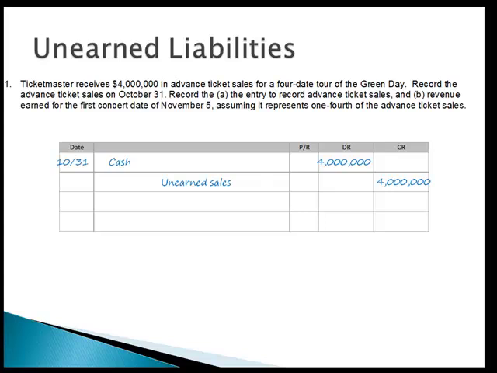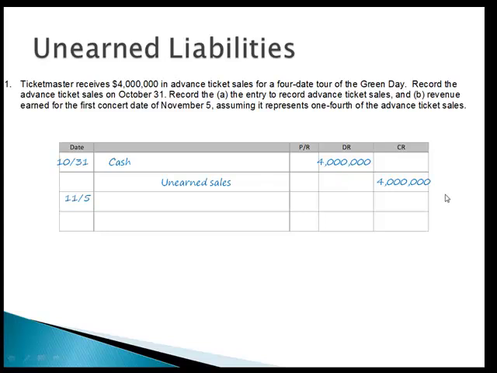Now on November 5th, the date that we actually perform one show of the tour, we've earned how much? We've earned $1 million, right? So how do we record that entry? Well, once you earn the money, you get to record revenue. So we're going to credit our sales for $1 million. But what do we need to do with the debit?